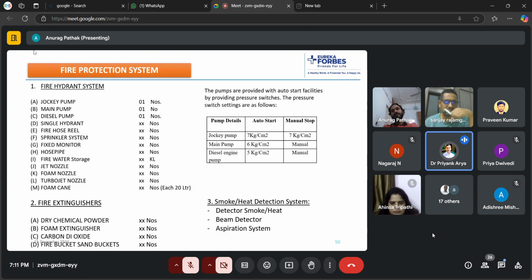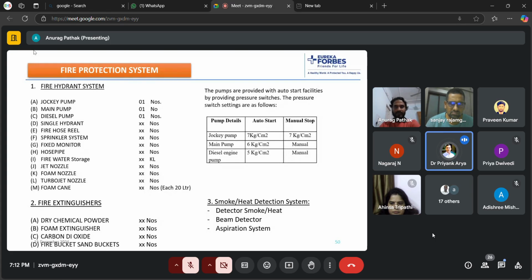Then we have to install fire extinguisher protection systems, fire buckets, and hose reel protection systems. These are the different protection systems, of different shapes and sizes, based on the hazard associated. The water-based protection system, which is going to be explained by Anurag, follows. So first we have to understand the types of protection systems generally required for any industry.